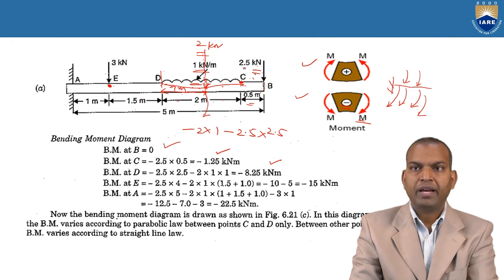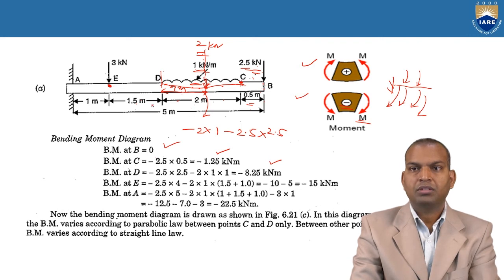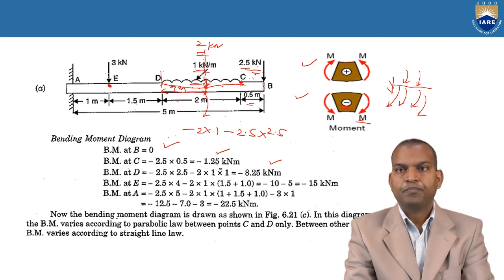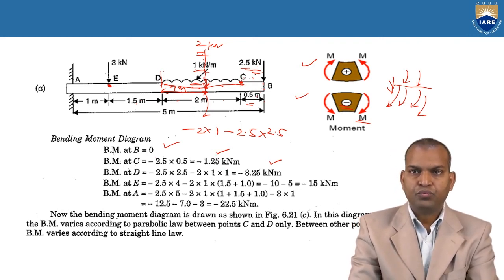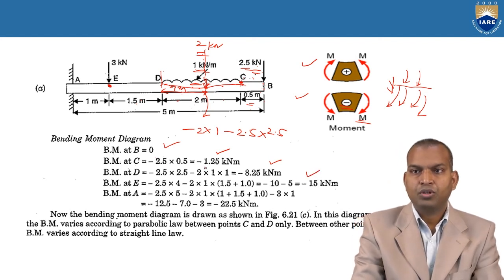What is the distance from point B up to point E? 1.5 plus 2 plus 0.5. The total distance is 2.5 plus 1.5, that is 4. So 2.5 into 4, minus 2 into 2.5 meters. Then you can understand this is 15 kilonewton meter.